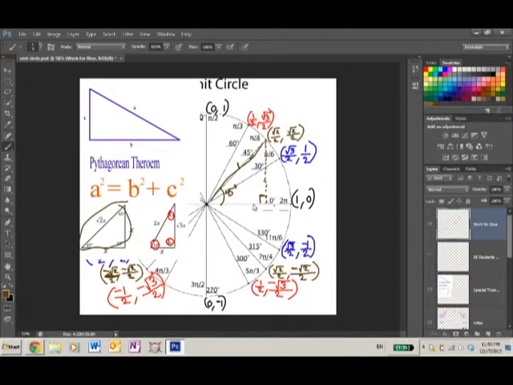So the square root of 2 times what is equal to 1? I did some calculations on my calculator, and I figured out that it is square root of 2 over 2. Right here it's also square root of 2 over 2, because both of these sides are x. So that's how far it is over on the x-axis, the x value, and that's how far it is on the y value. There's a reason why I color-coded this way, and we'll get to it later in the video.